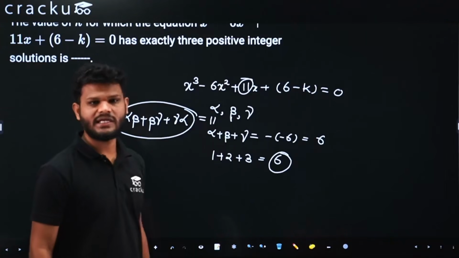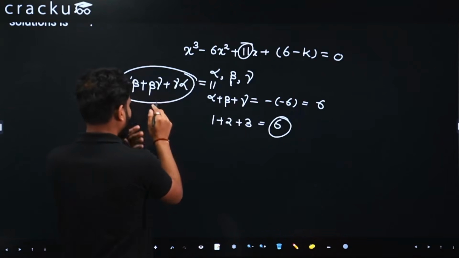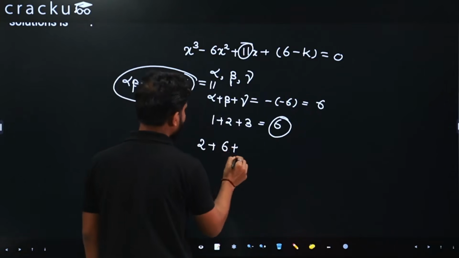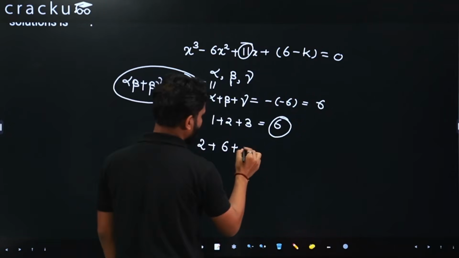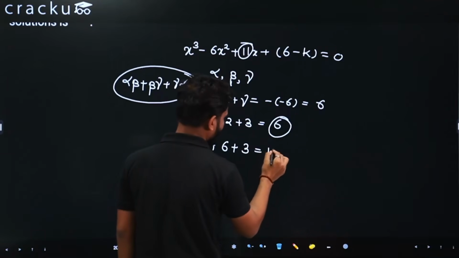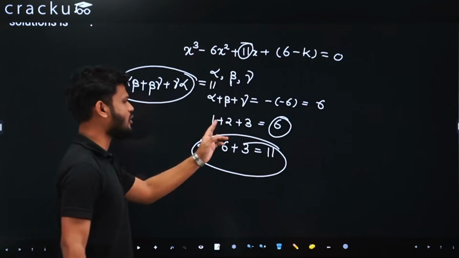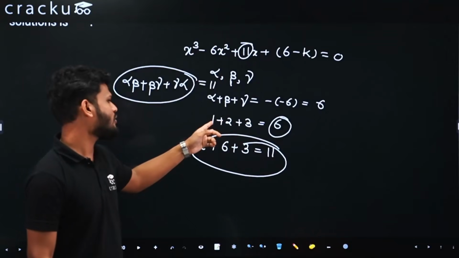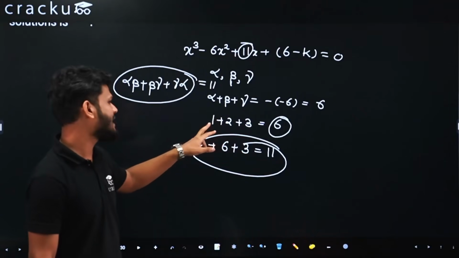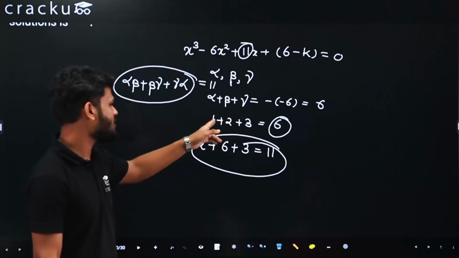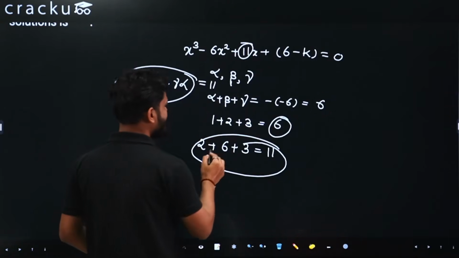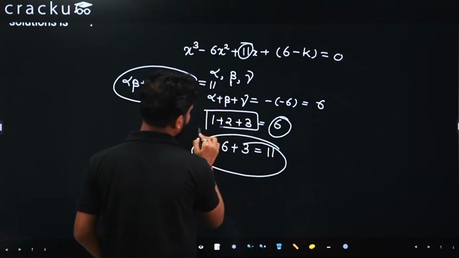Only for 1, 2, 3 it will satisfy. So alpha into beta will be 2, beta into gamma will be 2 into 3, 6, and gamma into alpha will be 3 into 1, which is 3, and this will be 11. If you take 1, 1, 4 or 2, 2, 2, it won't satisfy. For none other combination it will satisfy. Hence the only combination is 1, 2, 3.